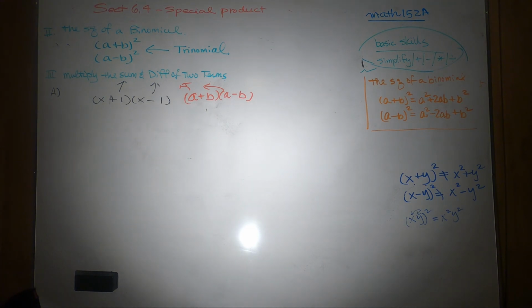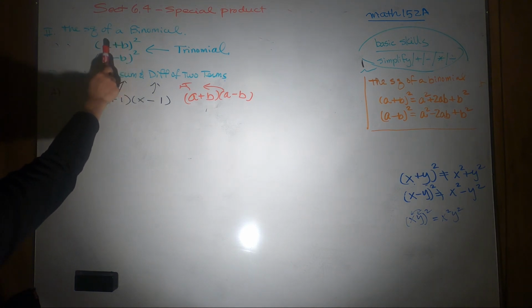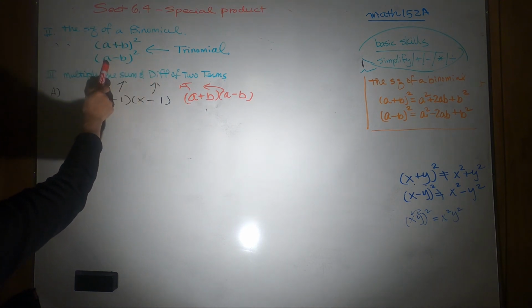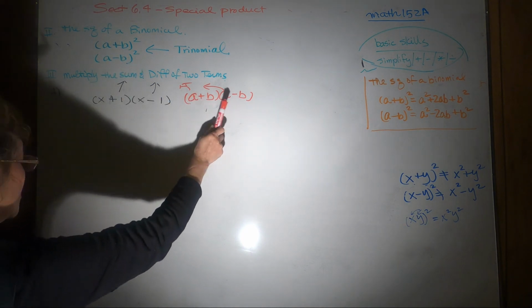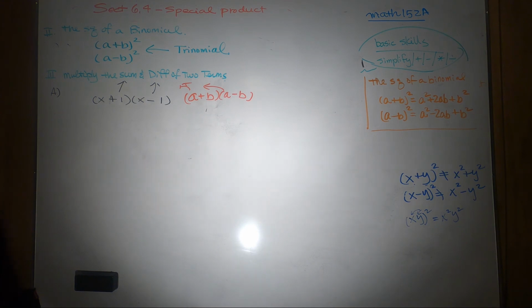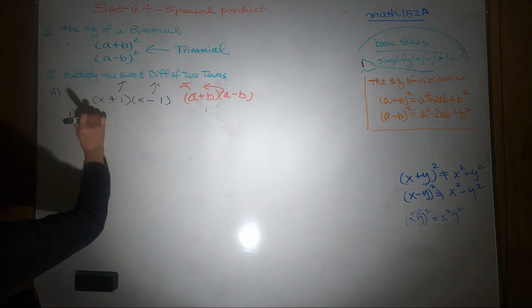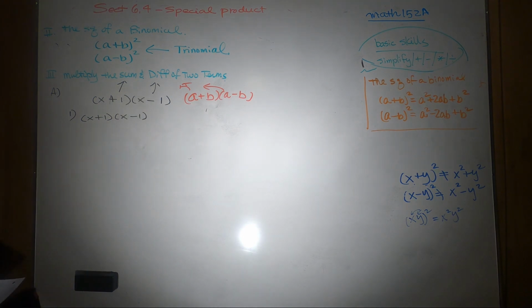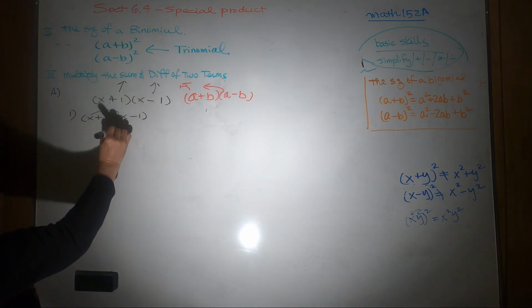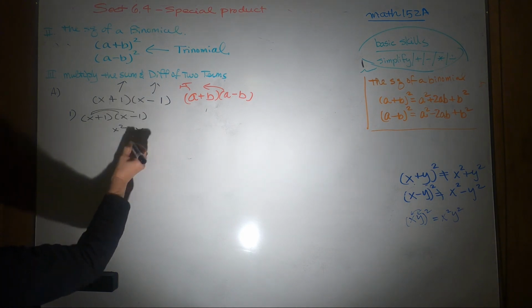They have certain patterns, not like those. Both are the same: a plus b, a plus b. Another one is a minus b, a minus b. Now one is a plus b, one is a minus b. Let's see what kind of patterns we have. We do the simple one to start. x times x, x squared, x times -1, minus x.